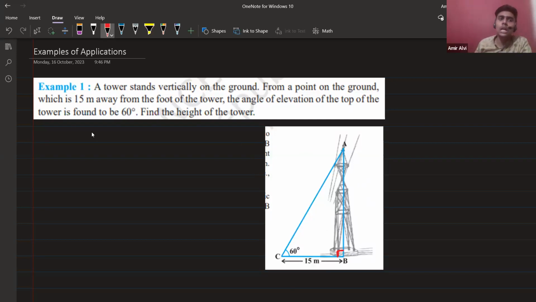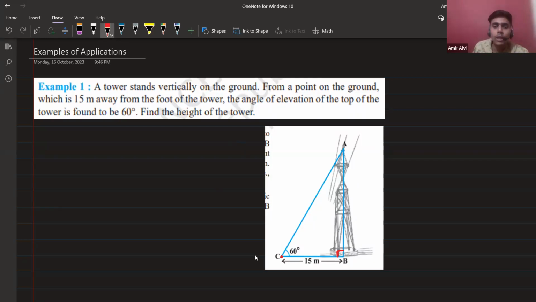From a point on the ground which is 15 meters away from the foot of the tower, which means the distance is already given. This is your object, say a person, which is seeing the top of the tower. The distance between the foot of the tower and that point is 15 meters.